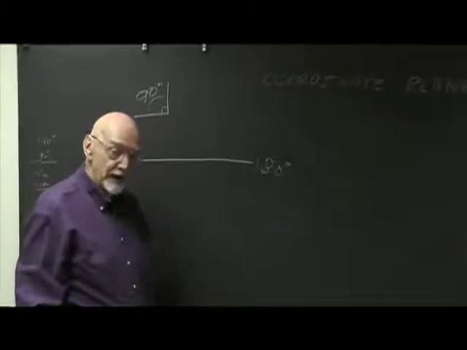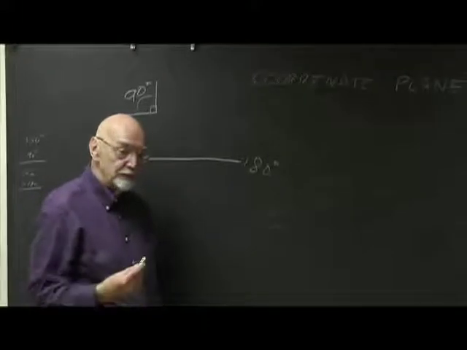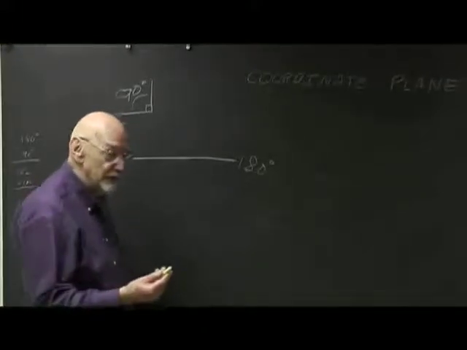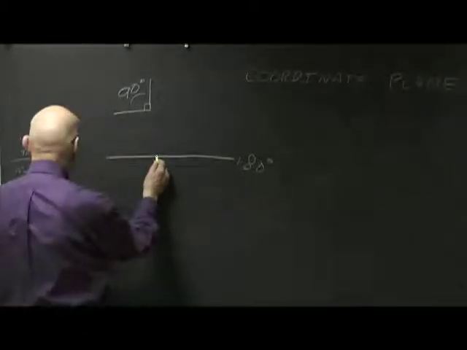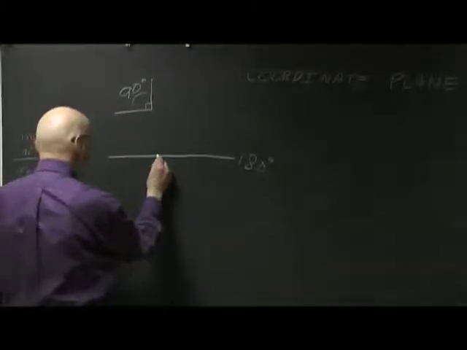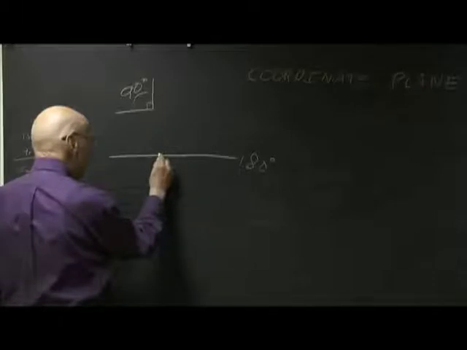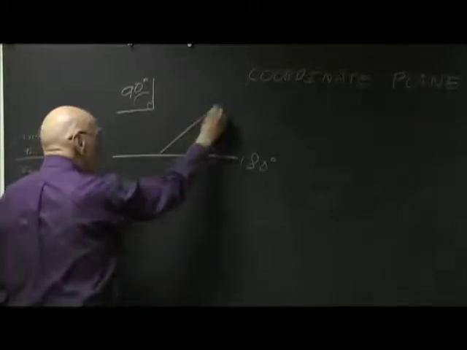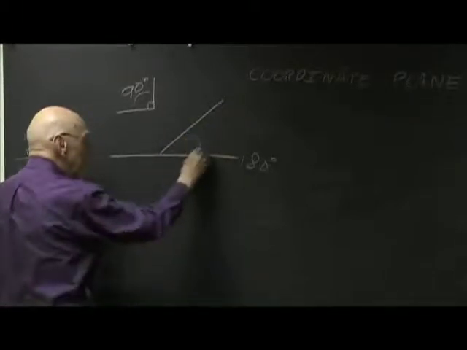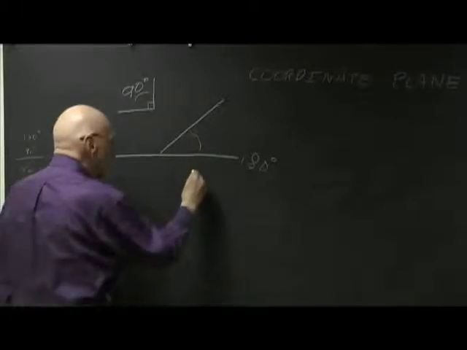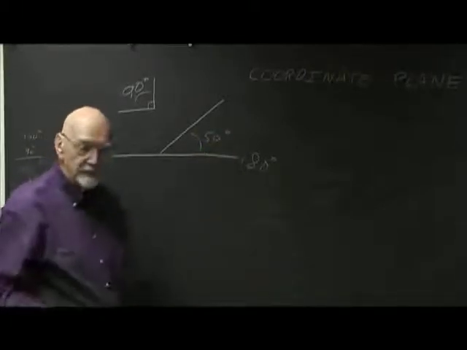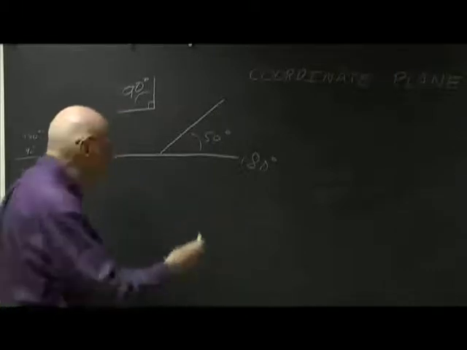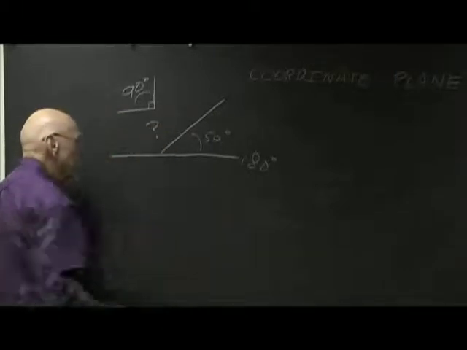and on a test, one question they might ask is to give you an angle like this and tell you that angle is 50 degrees, and the test question would be, what's the big angle?